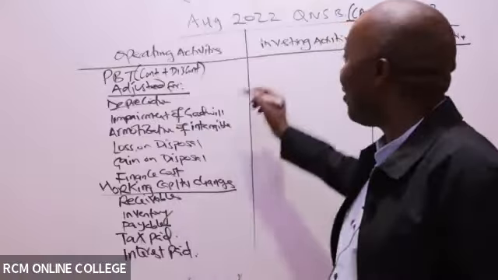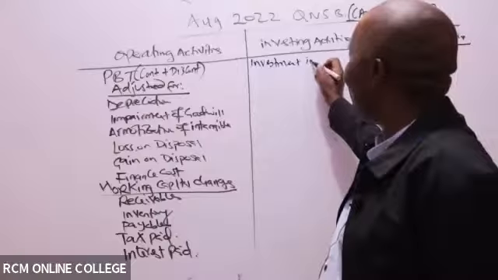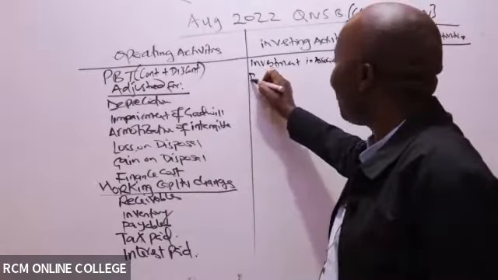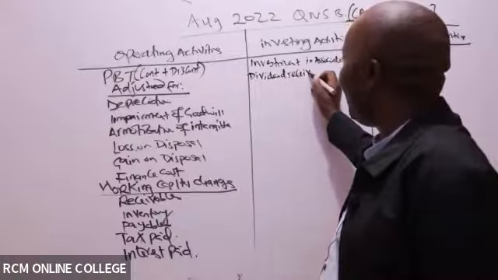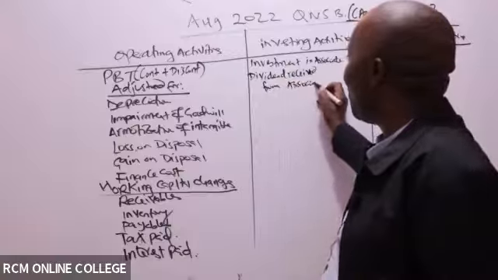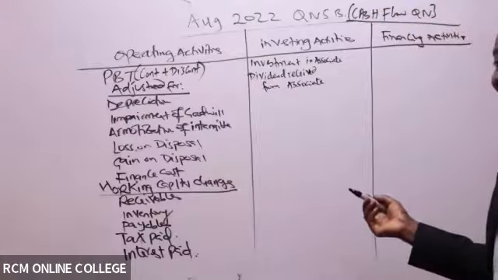So in this case here, we have investment in associate, and then of course we shall have dividend received from this associate. They always work hand in hand. These are 2 marks, 3 marks really.